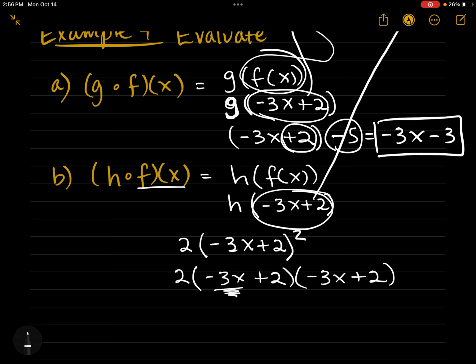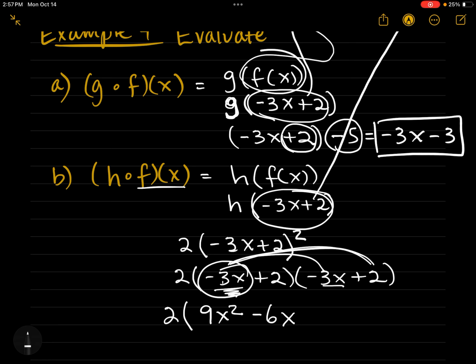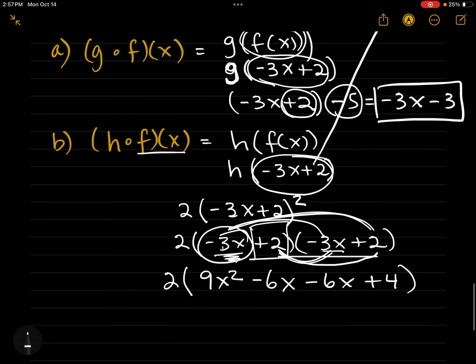And now I'm going to take this negative 3x and distribute it to both parts. I'm going to leave the 2 out front. So negative 3x times a negative 3x is a positive 9x squared. Again, I'm taking this and I'm distributing it to the 2. I get a negative 6x. Now I have to take the positive 2 and distribute to both. So that gives me a negative 6x when I go here. And when I go over here, gives me a positive 4.